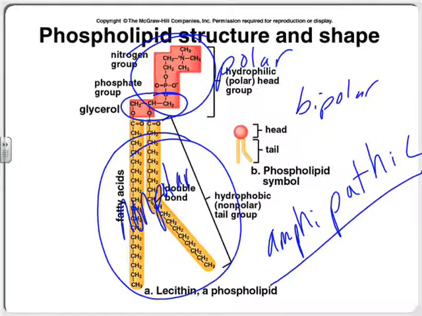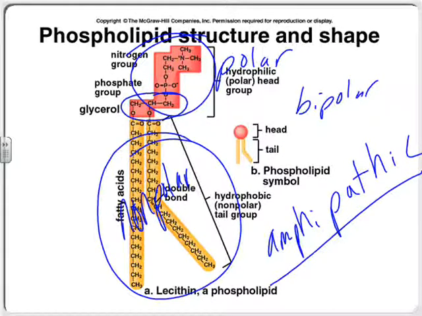Like amphibians. It means it's both. In this case, both polar on one side and nonpolar on the other. In the case of amphibians, both what? Lives on both land and water. But this word means that a molecule has both a polar side and a nonpolar side. Phospholipids, you should know that. They're amphipathic.